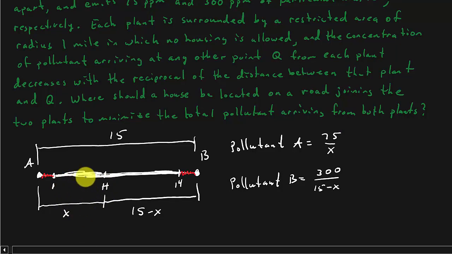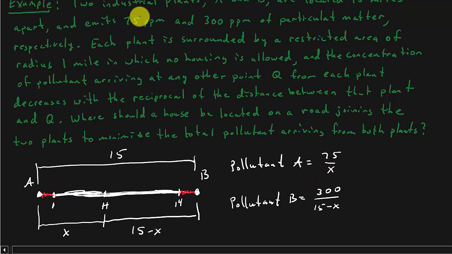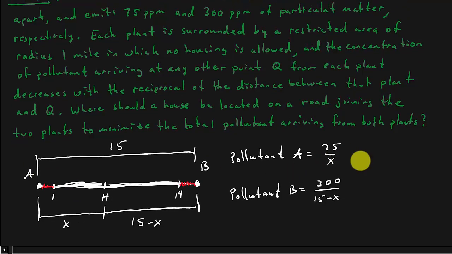So for plant A, it emits 75 parts per million, so that's 75 over the distance. And from plant B, that would be 300 parts per million over the distance, which is 15 minus X.